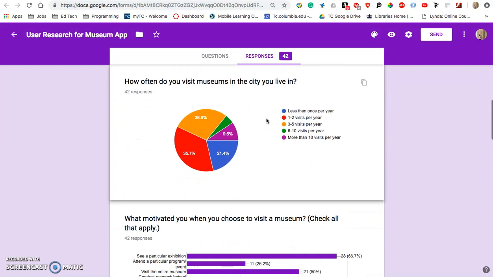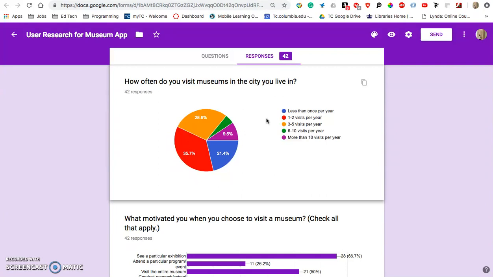Different from the last question, I also asked how often do you visit museums in your city? This is very interesting because the results tell me people are more willing to visit museums when they're traveling in another city compared to visiting museums in their own city, because 21.4% of people said they will visit museums in their city less than once per year, and a lot of people may visit 1 to 2 times and 3 to 5 times.